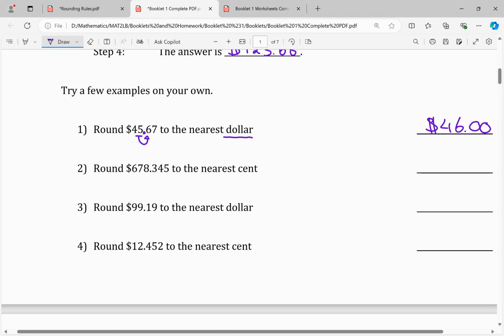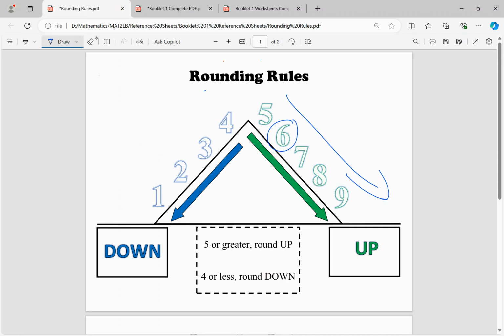Question 2. Round $678.345 to the nearest cent. Well, nearest cent means that I'm picking the second number after the decimal. 4 is what we are rounding. I look at 5 to tell me how to round. 5 tells me to round up. As we can see in this diagram, 5 means that we round up.